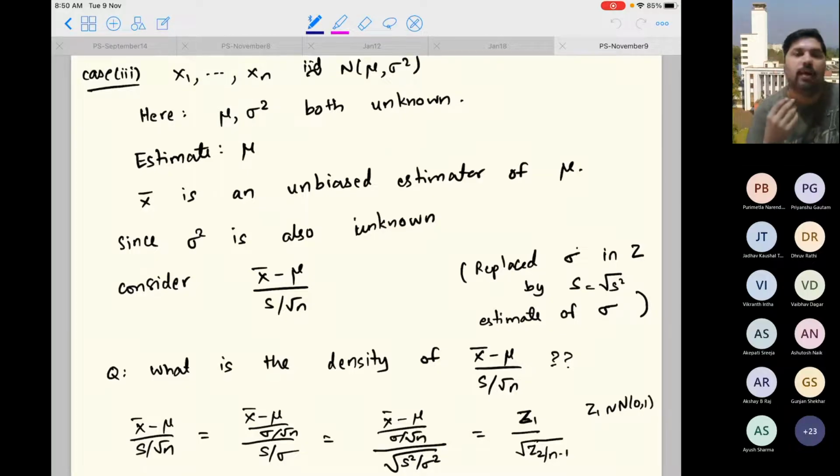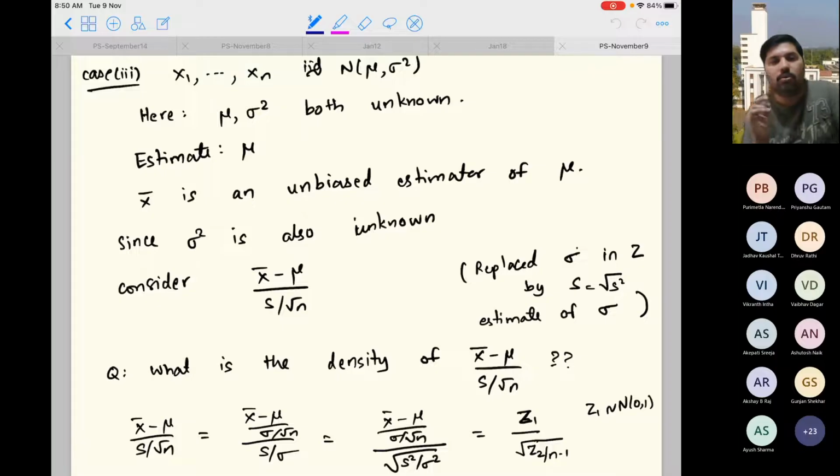Because S square has that variance coming in, we want to account for it when we say something about mu. That is now accounted for by using a t distribution.